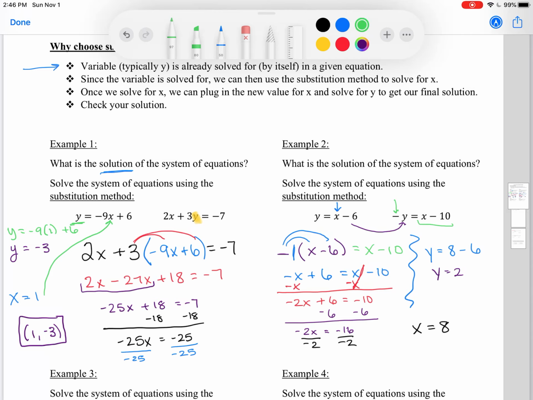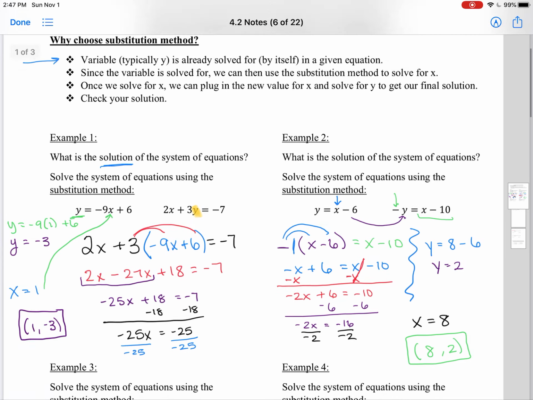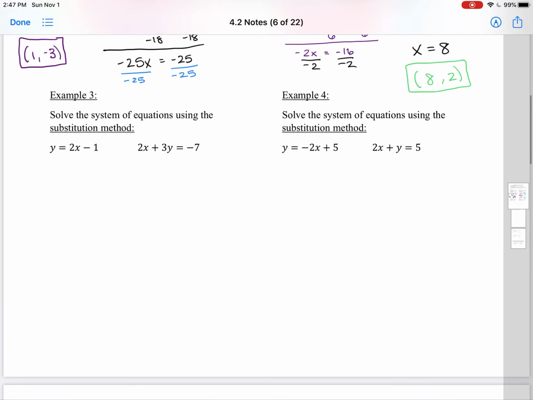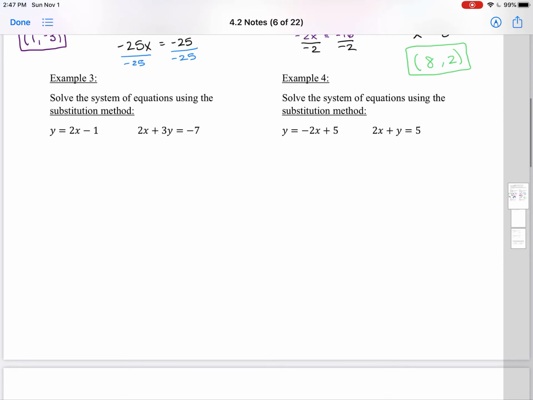Y equals my new x value of 8 minus 6. Simplify. Y equals 2. And now I have my x value and I have my y value, so I can make the coordinate 8, 2. And you have now officially solved by substitution.